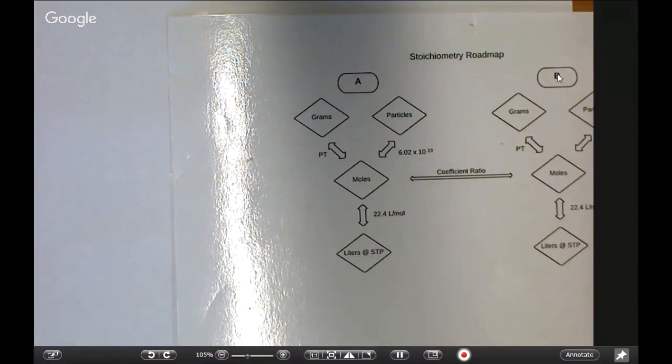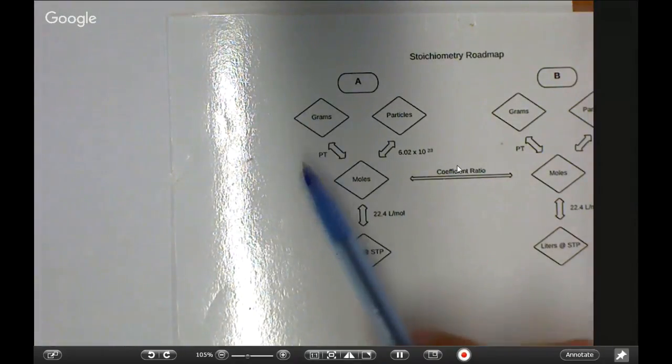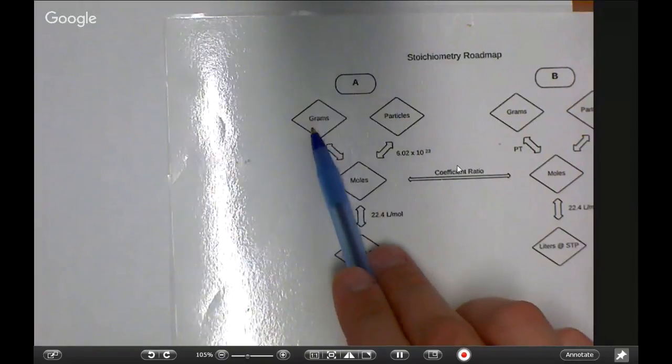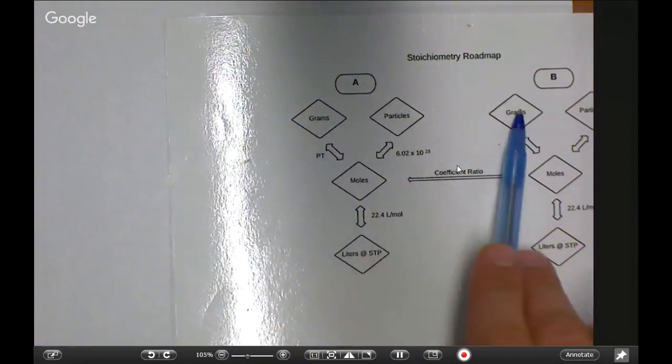They could both be reactants, both be products, reactant and product, vice versa. The idea is that using a balanced chemical equation, we can go from moles of one substance to moles of a different one where we utilize those coefficients. Today, the goal is to demonstrate how we might go from grams of one substance to grams of another.